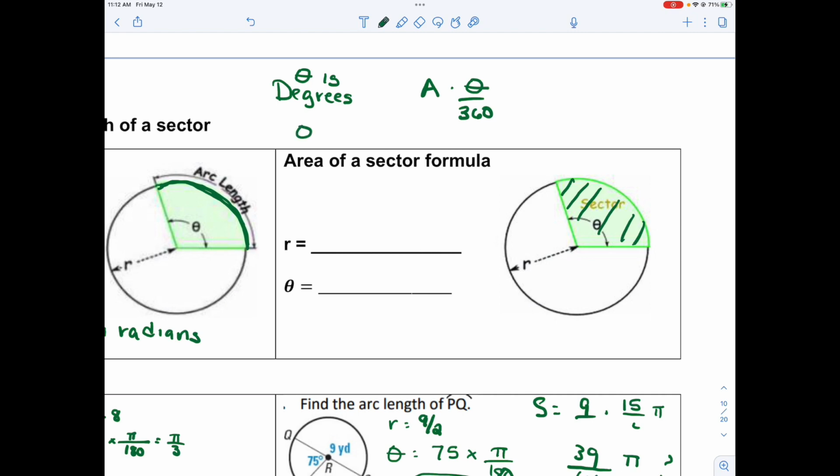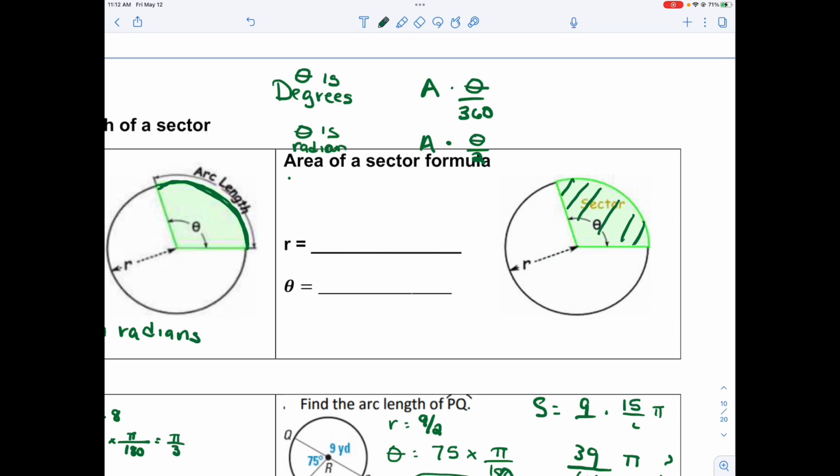If theta is in radians, it's going to be the area of a circle times theta over 2. So it just depends upon which formula, if you're given theta in degrees or if you get theta in radians.